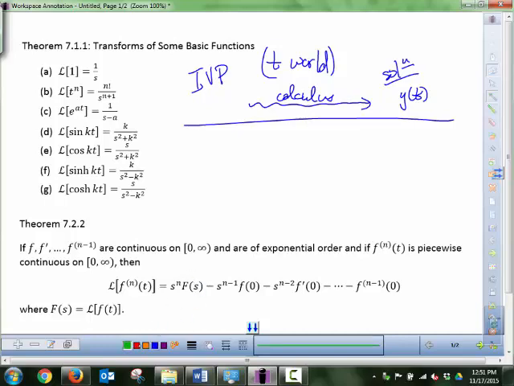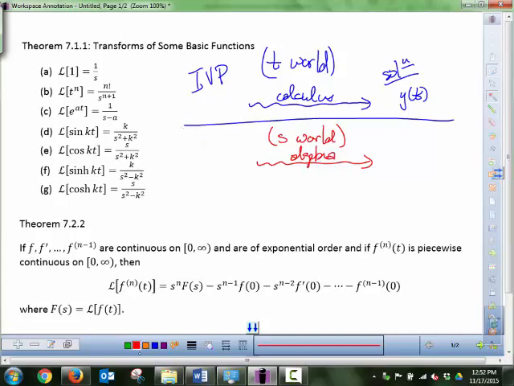The idea is, instead of using calculus, to go to a different world that we're calling S world, and then solve for something in here using algebra.